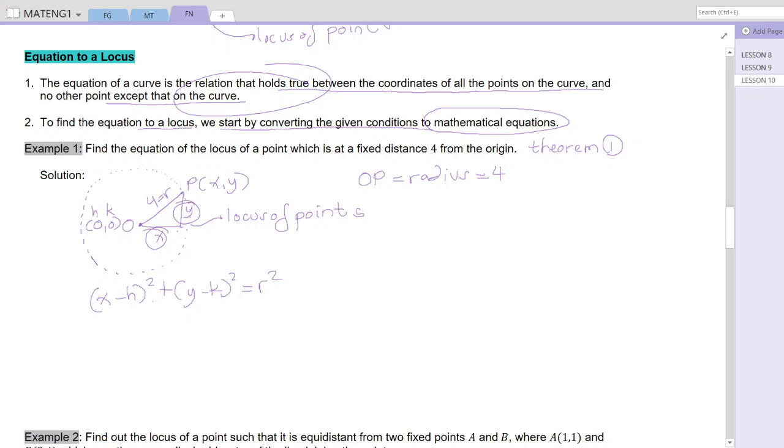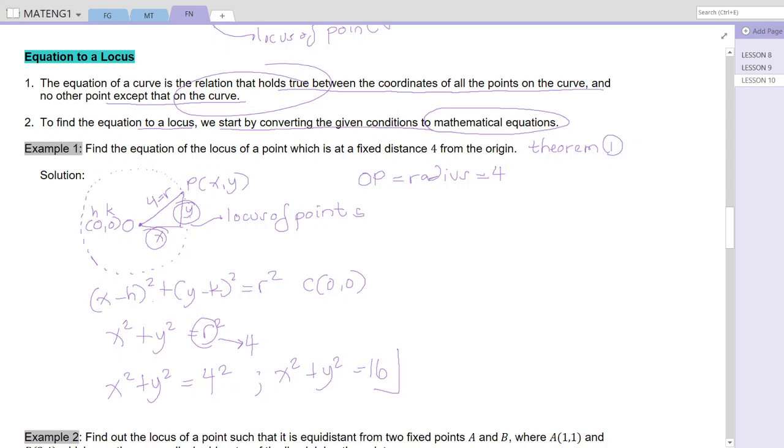Since the center is at the origin, (0, 0), we may rewrite this as x squared plus y squared is equal to r squared, where r is the radius and is equal to 4. So x squared plus y squared is equal to 4 squared, and 4 squared is equal to 16.